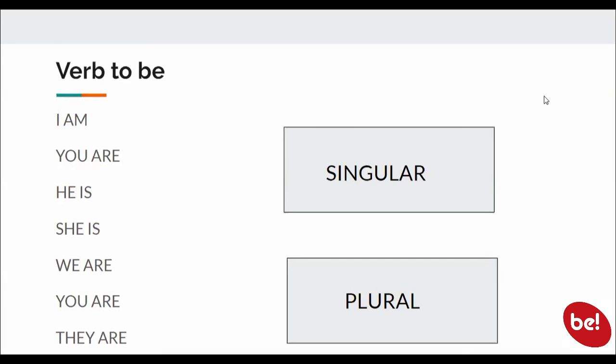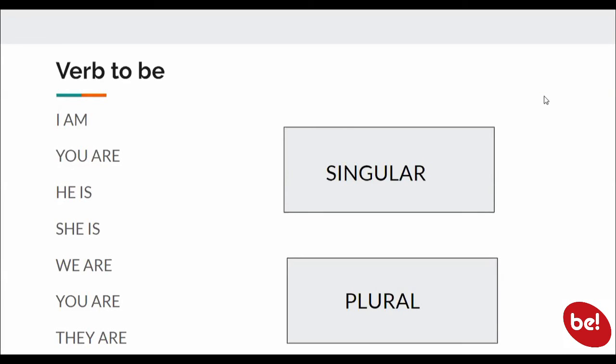Plural, we have we are for when you talk about yourself and another person or more than one person. Okay, you are and then they are. So remember, we are, you are, and they are all for plural situations.